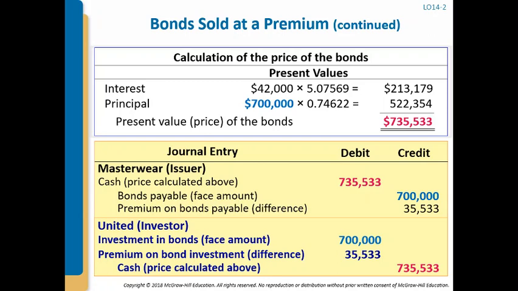And so here, the book value of the bond is the amount of the bonds payable plus the premium, so 735,533. And so this premium is going to have to be reduced each period, just like we saw with the discount. But here what you're doing is not increasing the book value of the bond, you're reducing the book value of the bond.